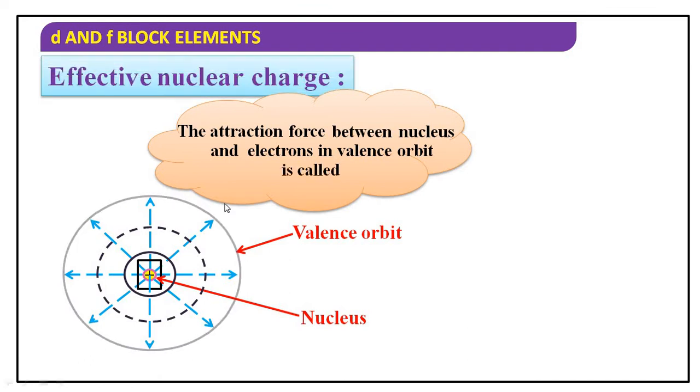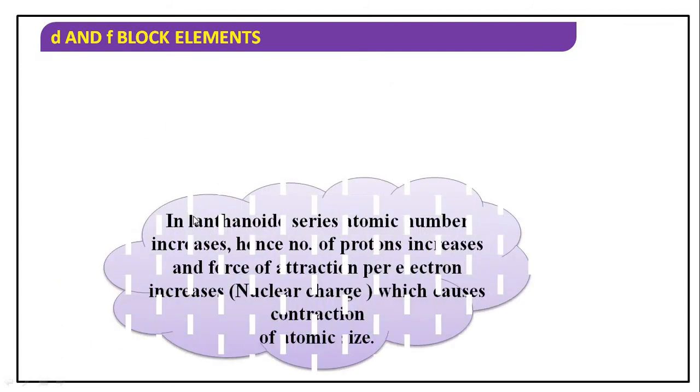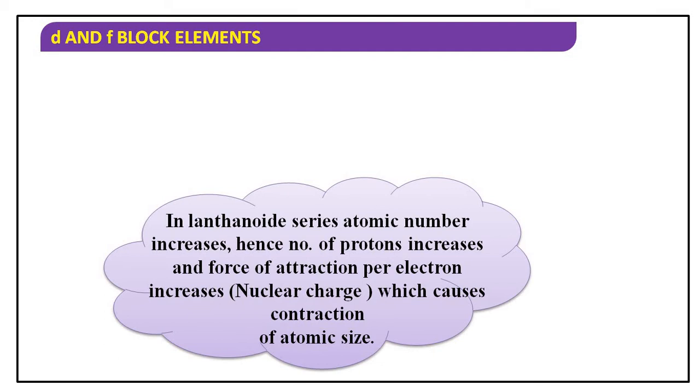So the more the number of protons in nucleus, the more will be the effective nuclear charge. Now in lanthanide series, that is from lanthanum to lutetium, atomic number increases. So when atomic number increases, number of protons in nucleus also increases. This results in increased nuclear charge.